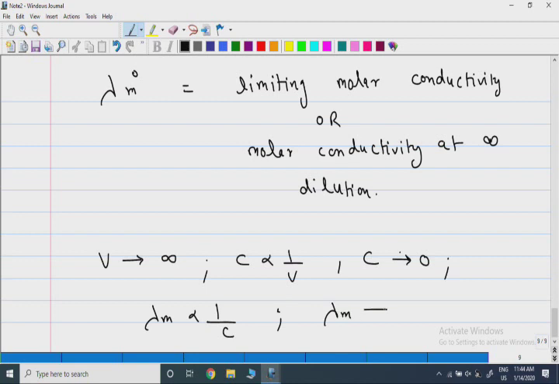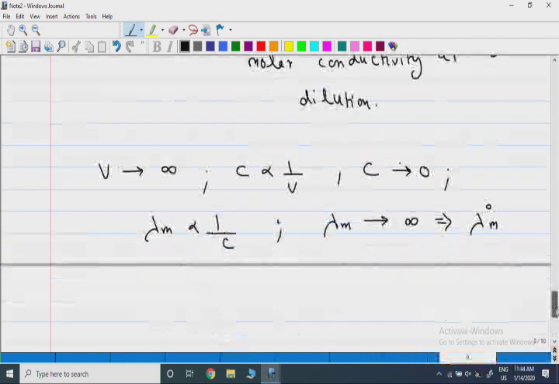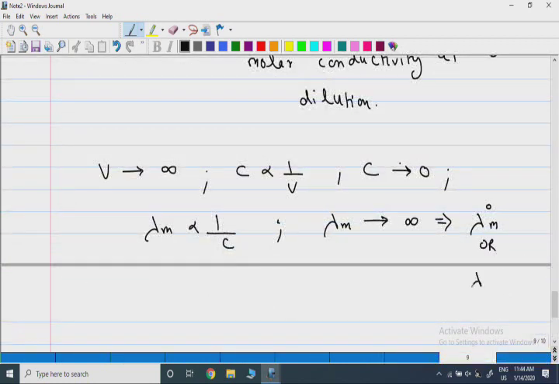So lambda m tends to infinite, and this is known as what? Limiting molar conductivity, which you can write like this: lambda naught m, or lambda infinite. This is nothing but at infinite dilution.